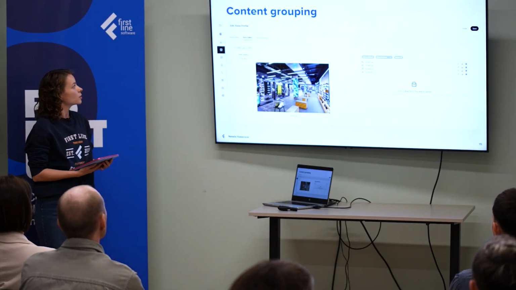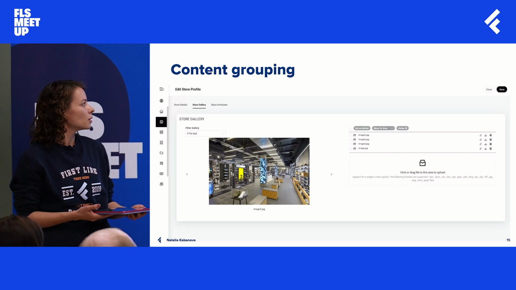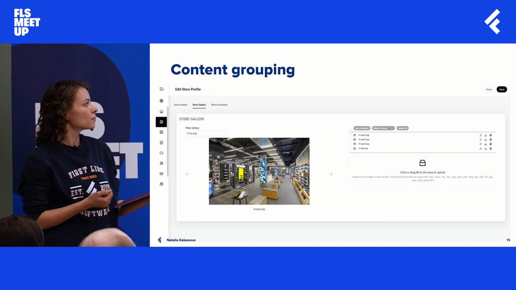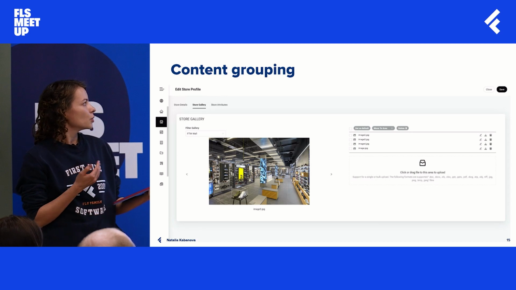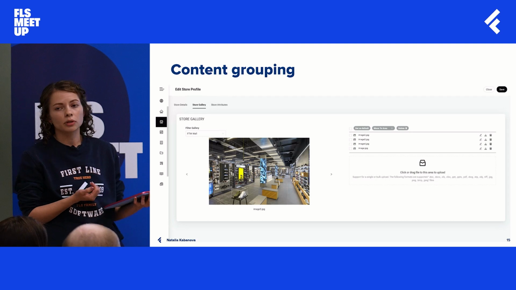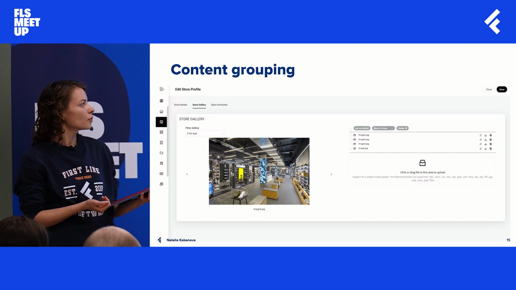What we also did on this project was work with the content, with the images, for example. Our users created store profiles and uploaded a lot of images to them.